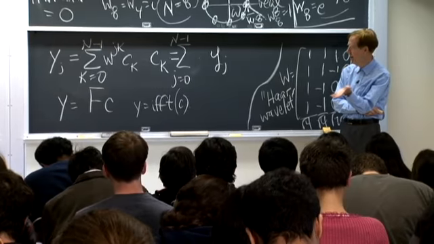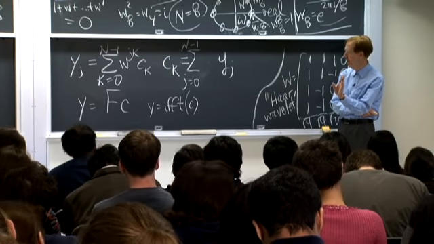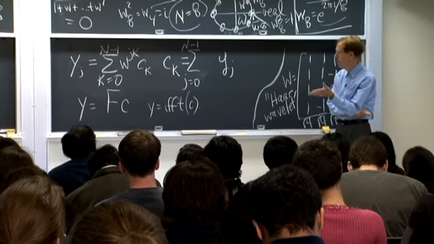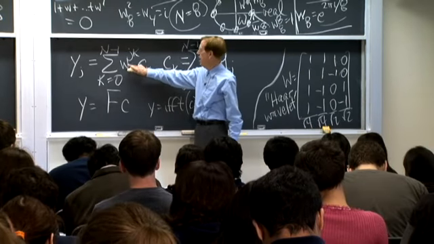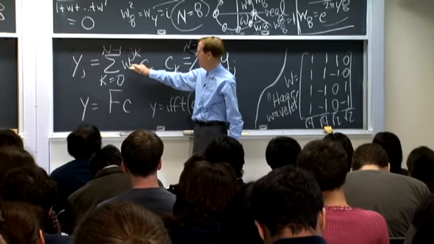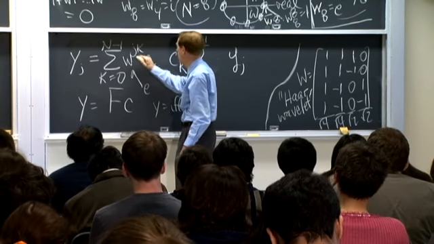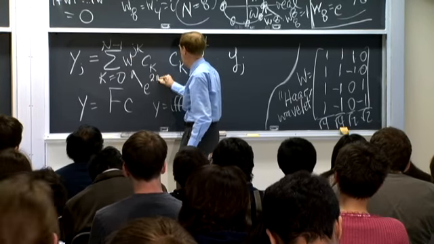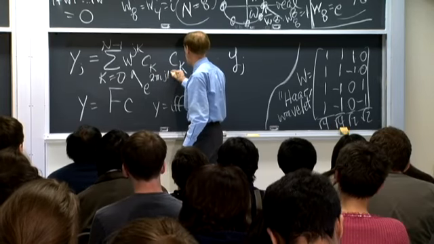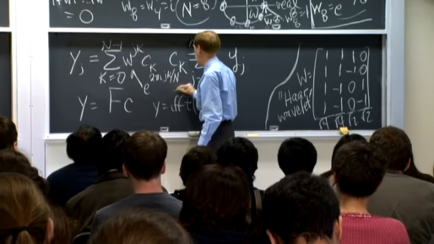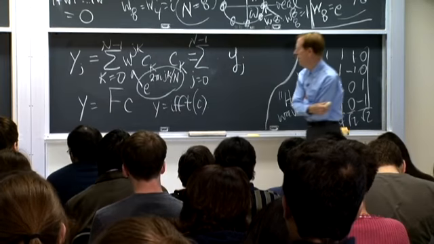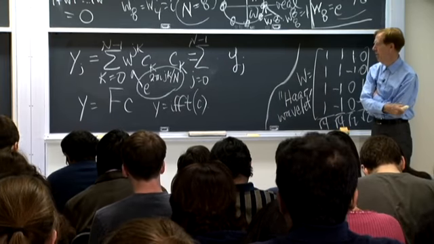Have you got the idea of the two transforms? In one direction, this is e to the I. You see why we don't want to write it. That number is e to the 2 pi I j k over n. That's what that number is in the Fourier matrix.